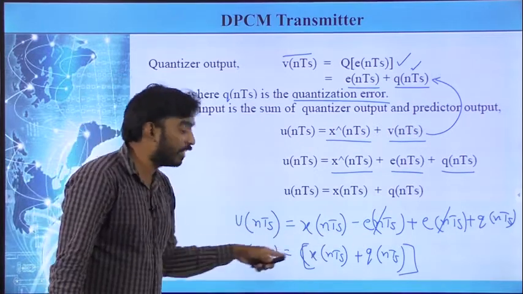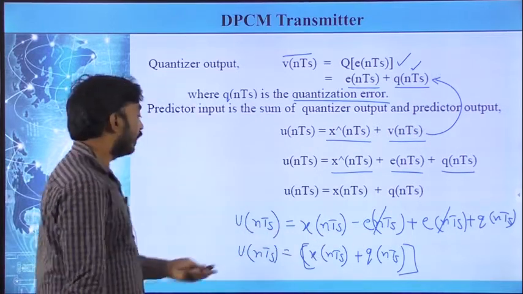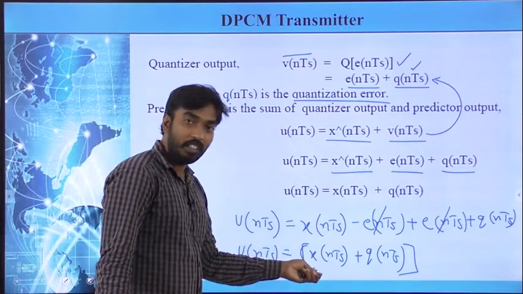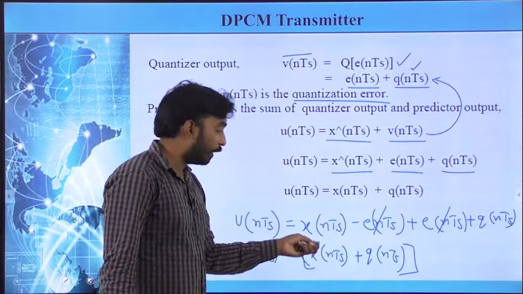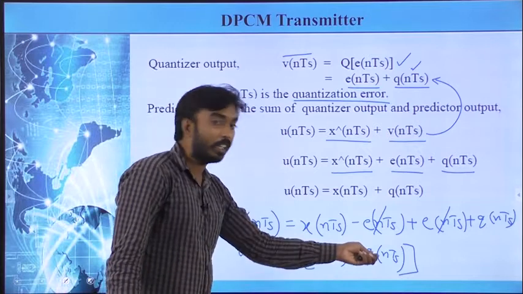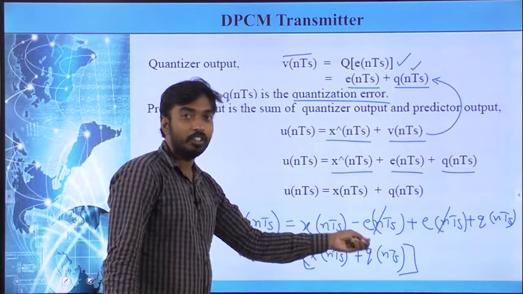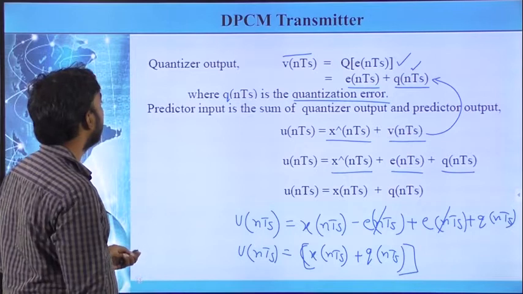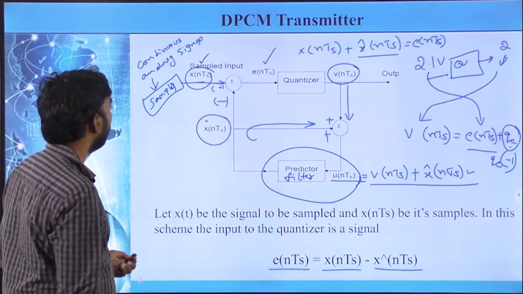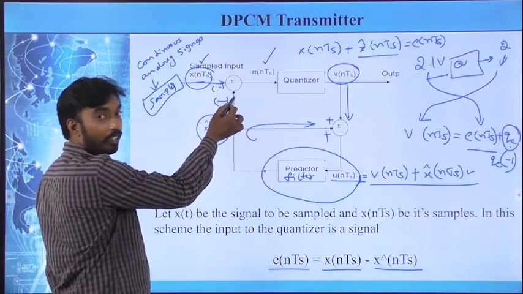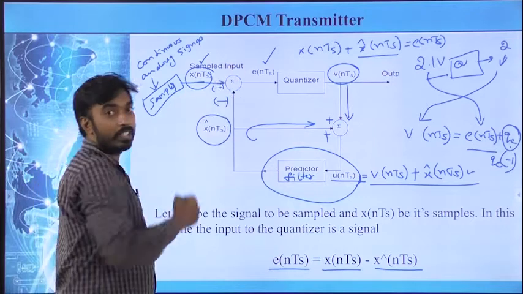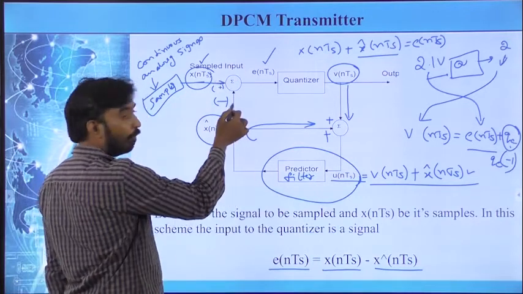This is the input to the prediction filter. The prediction filter will generate the sample, right? Previous input signal plus the quantization error, right? These two will move to the summer, right? And then subtraction happens here. That means it will generate the future sample.